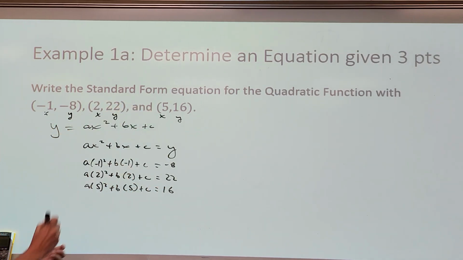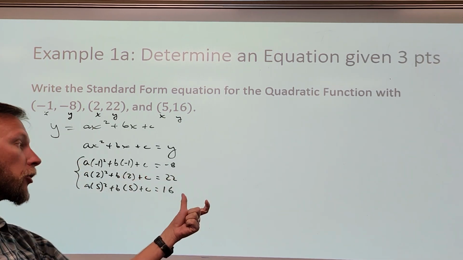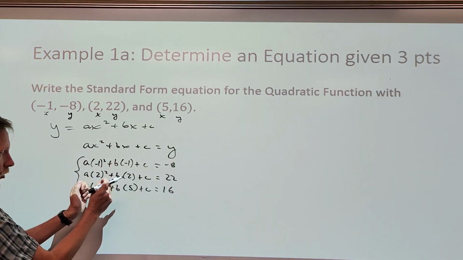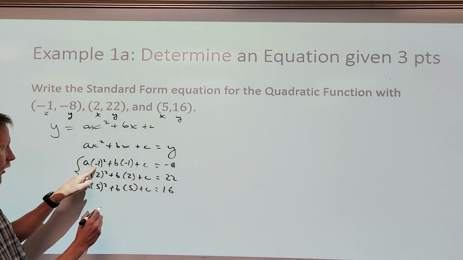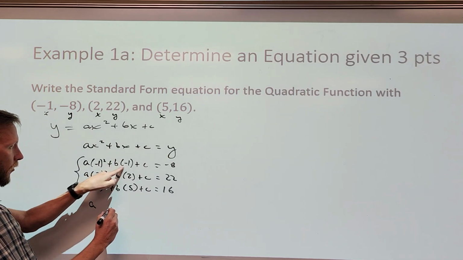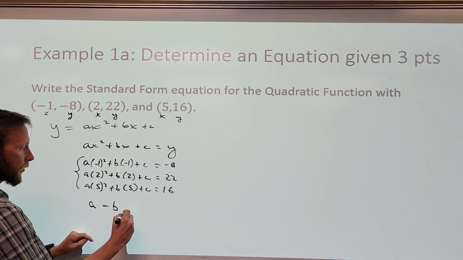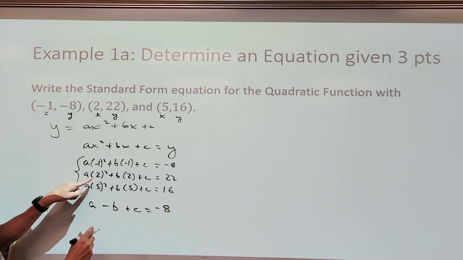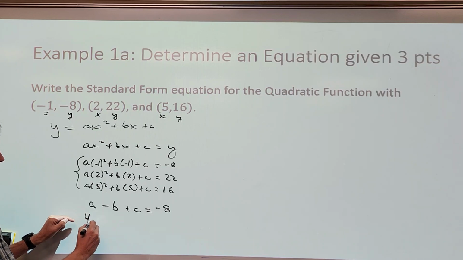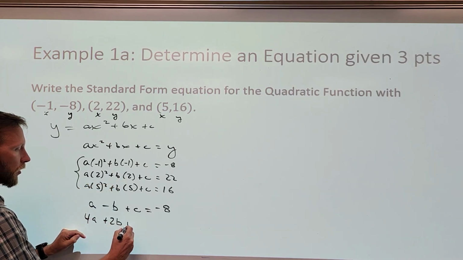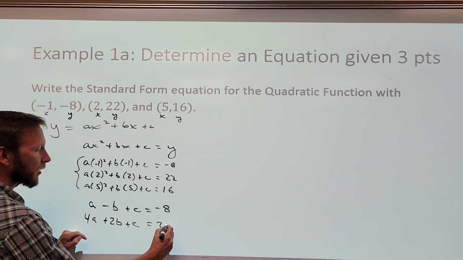And so this should start to look like the systems in 3 variables that we worked with back in Unit 1. We are going to multiply these just to make sure that things go well here. Negative 1 squared is positive 1, so I get 1a. Negative 1 times b, I get the opposite of b, and then c is always going to be 1c. It's going to work itself out. 2 squared is 4, so I have 4 times a. 2 times b is a positive 2b, and then c will always be by itself.